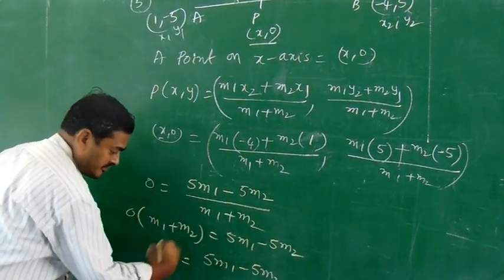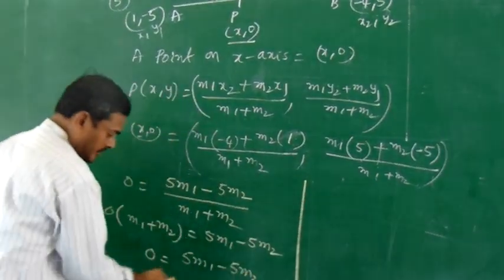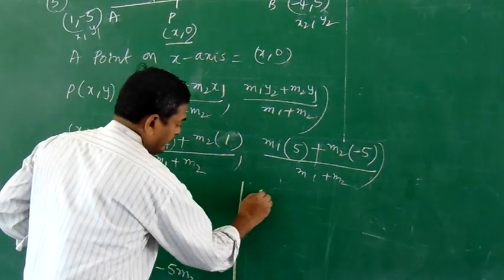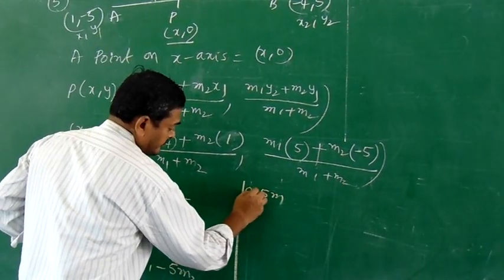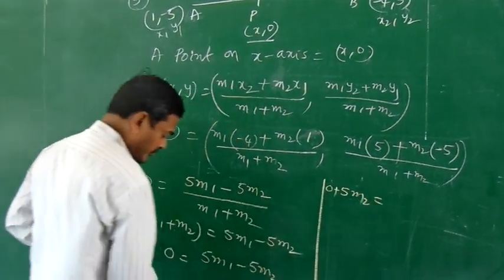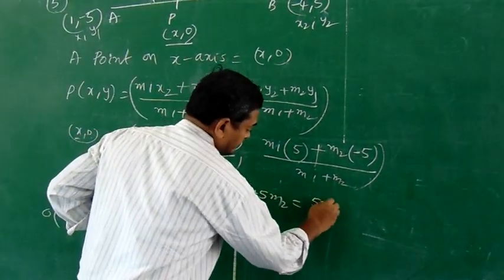Now this 5m2 goes to the other side: 0 plus 5m2 equals 5m1.